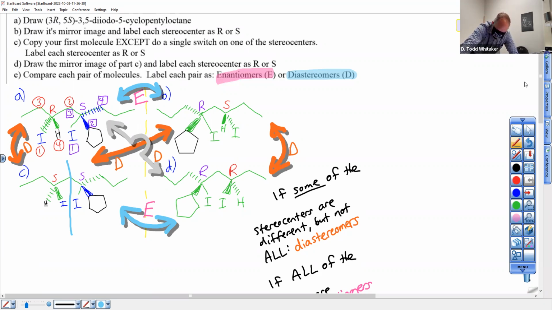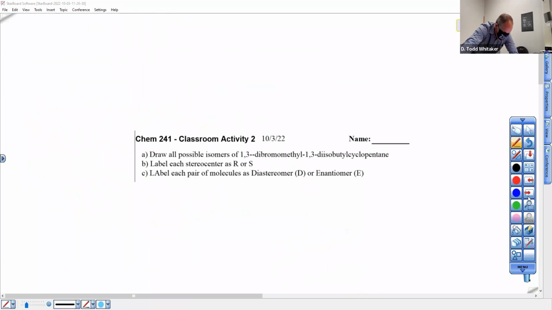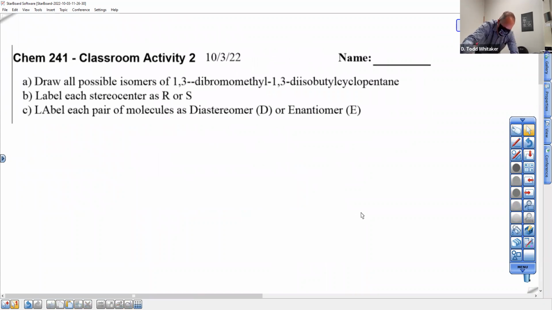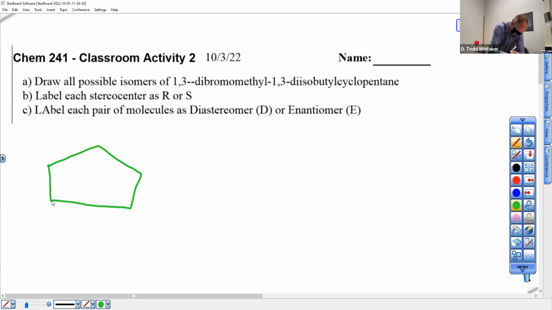Okay, I go to my new example, which is this one. And I'm going to draw one of the molecules right here. It's got a bromomethyl here and a bromomethyl here.